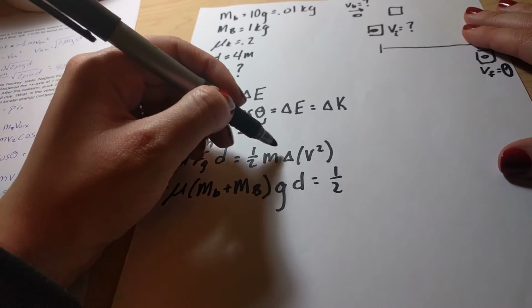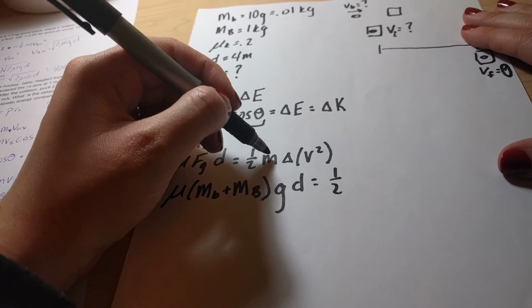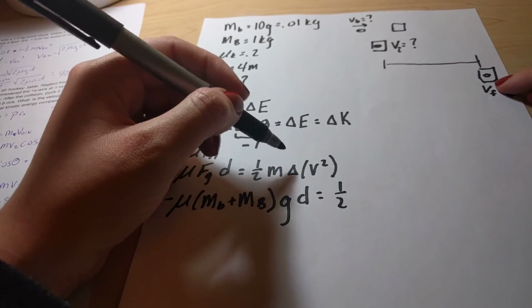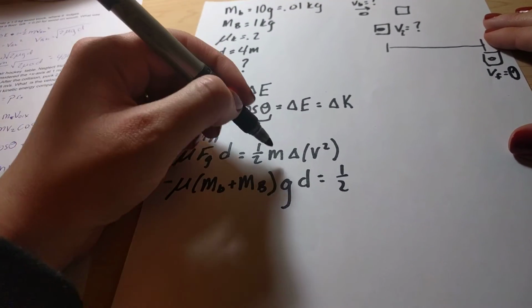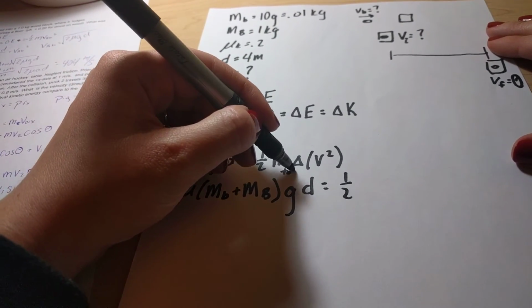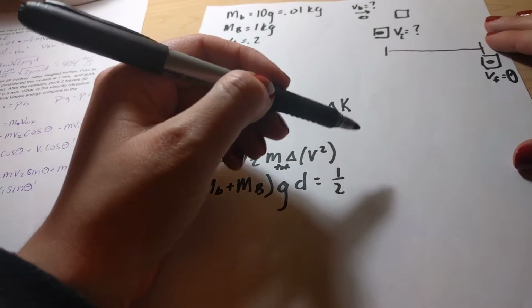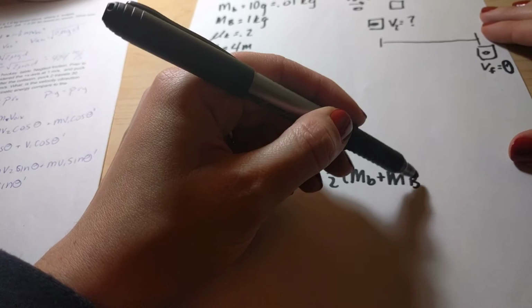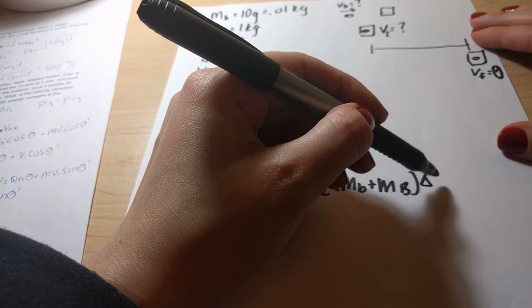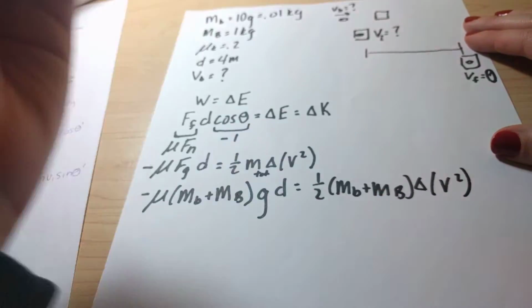I was sloppy here and didn't specify what this mass was. This mass is the mass of the object we're analyzing, which is the total mass, the mass of the bullet plus the mass of the block, times our change in velocity squared.